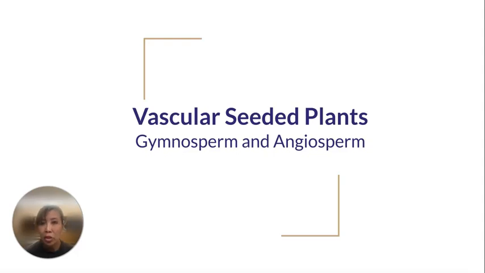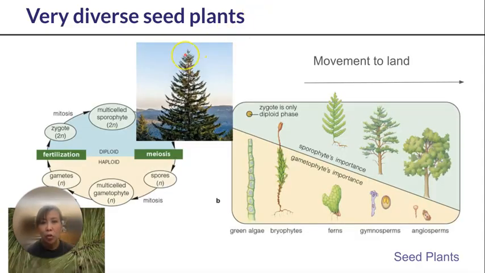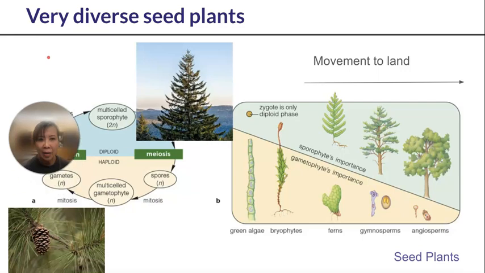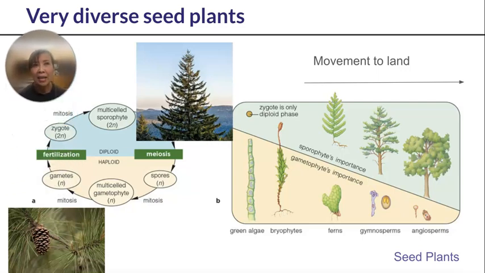So we're going to talk about two main lineages of the seed plant development. So first, I want to say that because of the advantages of seeds, and like we mentioned, the protection, the amount of nutrients they can store, and the no longer required need of water, we actually have quite a diversity of seed plants now.